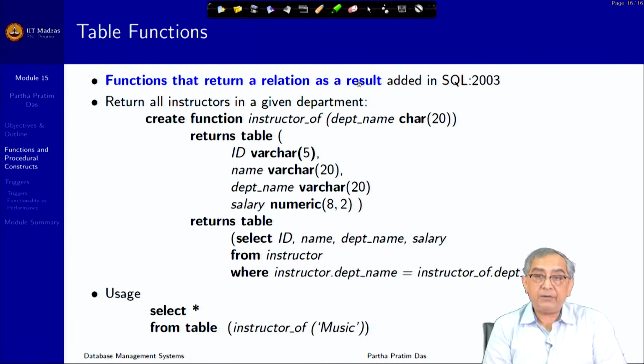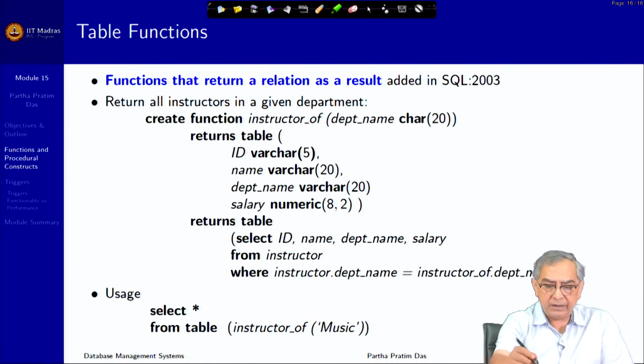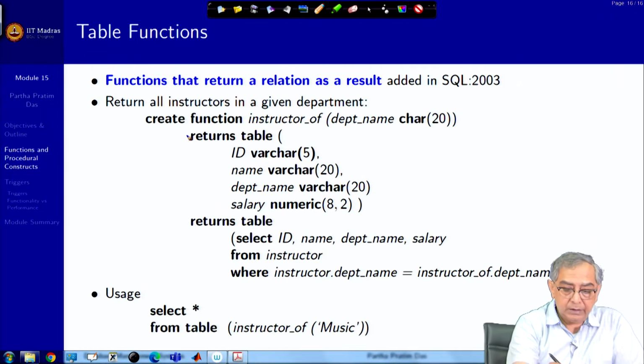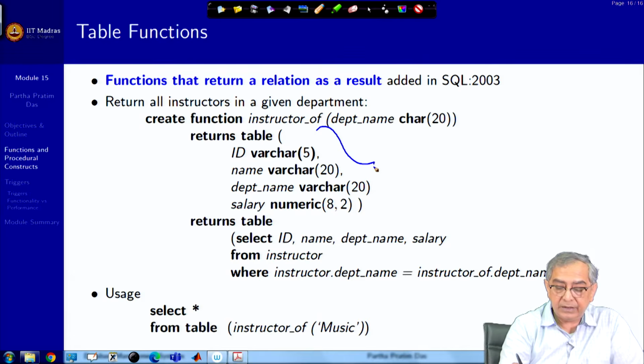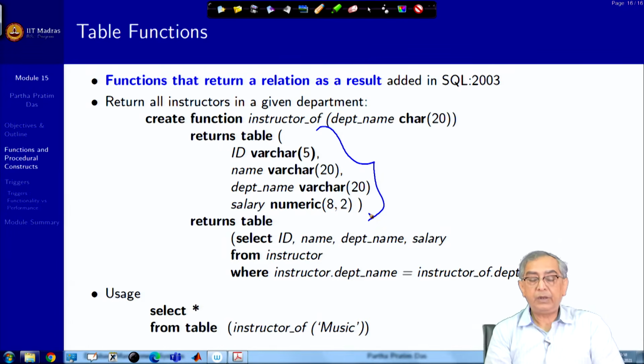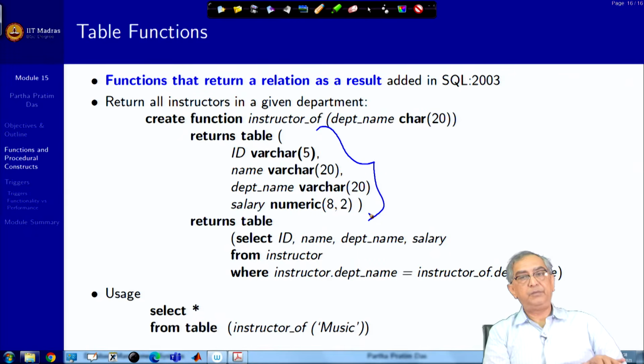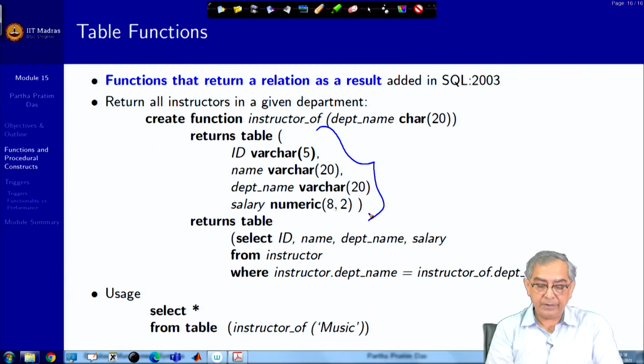Table functions are functions that return a table, which is very simple to see. One is in returns you provide the total table specification, you do not need to give constraints and all that, but just the names of attributes as well as their types.